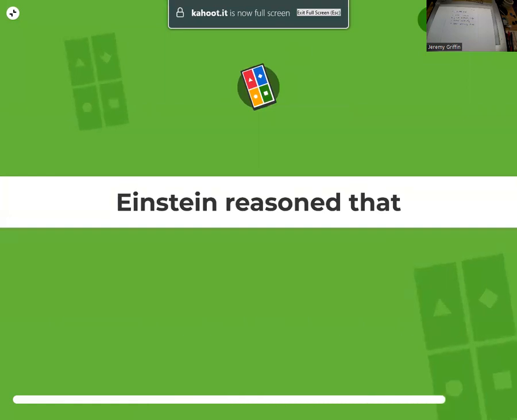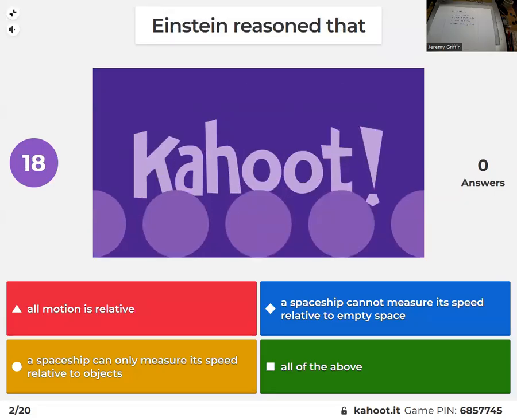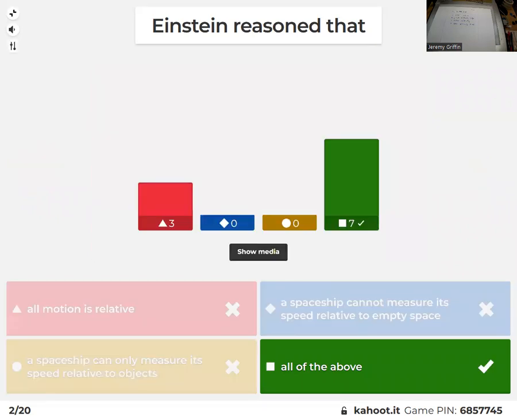At least to Einstein, who reasoned that all those statements would be true.